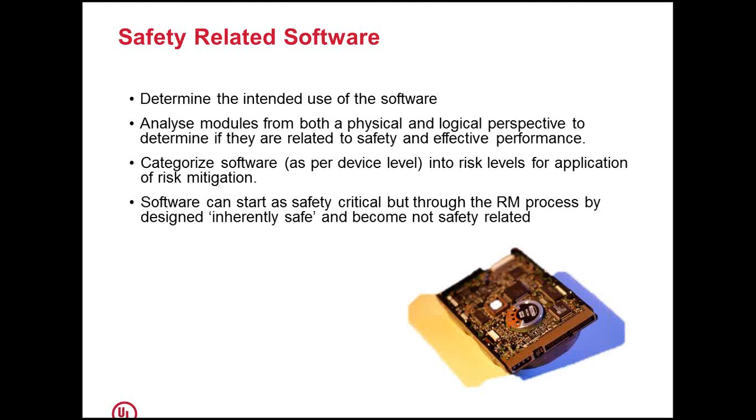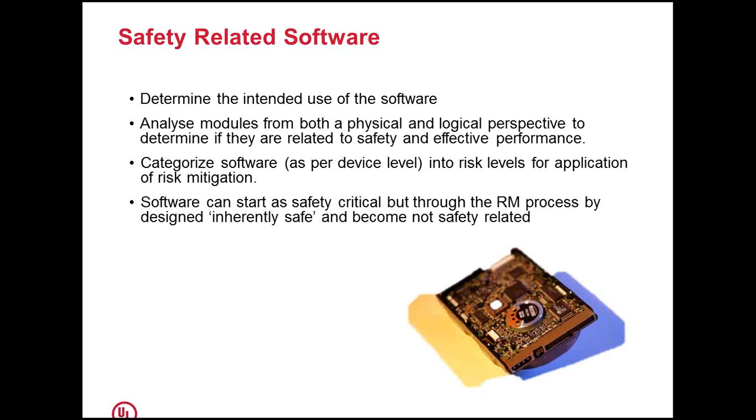Categorization of software into risk levels for application of risk mitigation. How to categorize the software based on the risk levels, we will be discussing in the next few slides. Software can start as safety critical, but through a risk management process, it can be designed inherently safe and become not safety related.